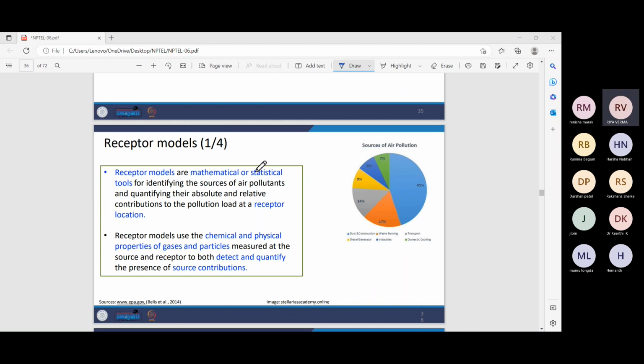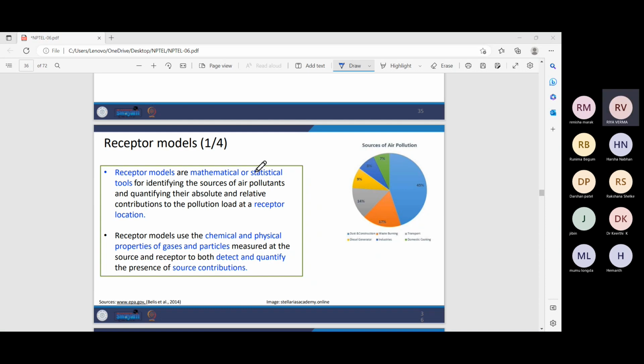Basically, what we are doing here is, first we identify the potential sources of air pollutants in an area, and then determine the total emissions generated from those sources, or their contribution to the pollution load at a certain receptor location which is away from that source. So this is receptor modeling.